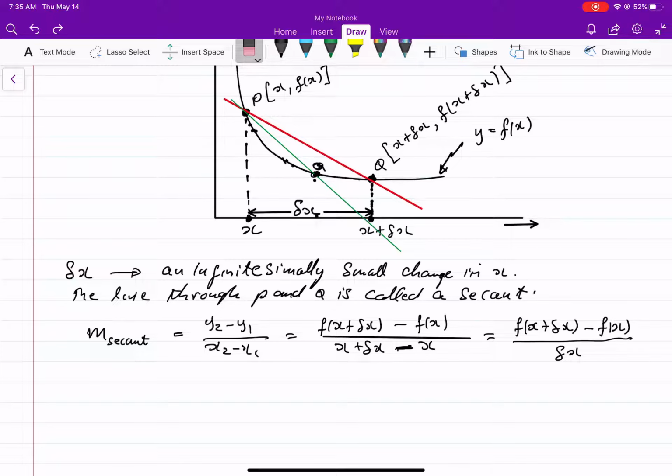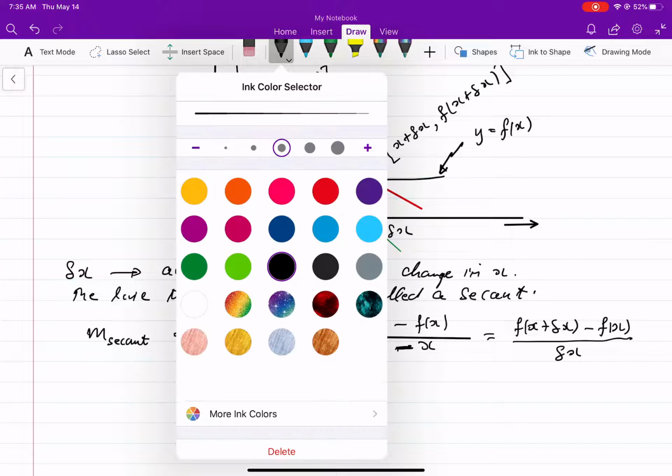I want to put Q here, somewhere there, and I'm going to draw one more secant.